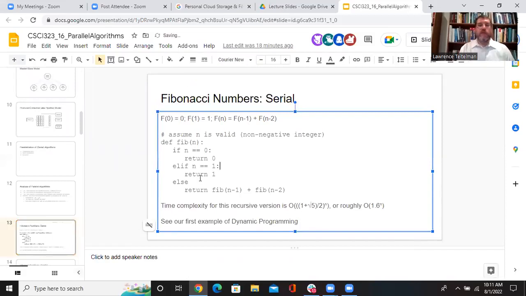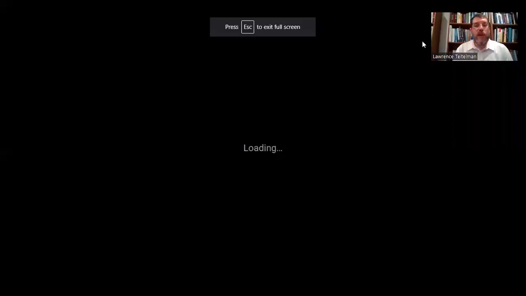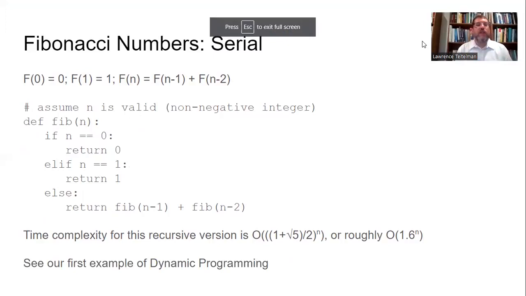We need a little colon there, and a little colon there. Okay, so that's the serial version. Without cheating, can anyone see how we might use parallel processing to speed this up, or at least try to speed it up?